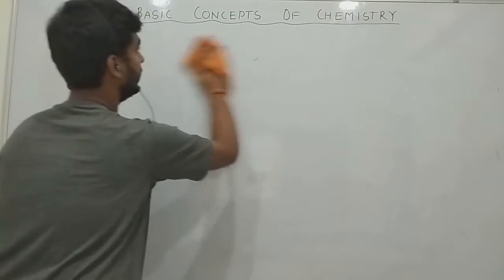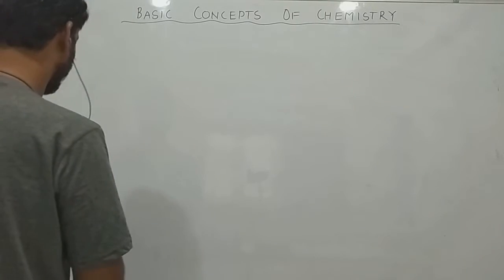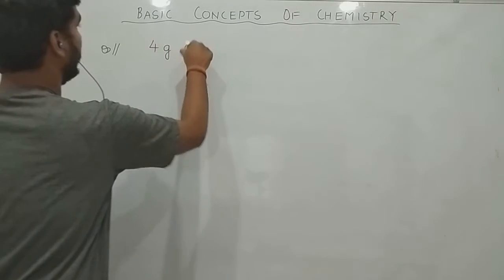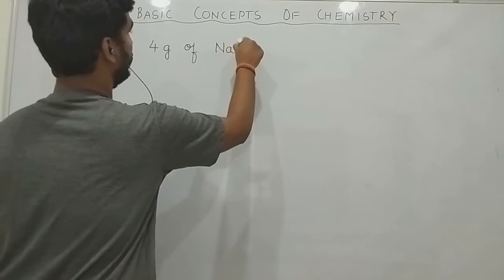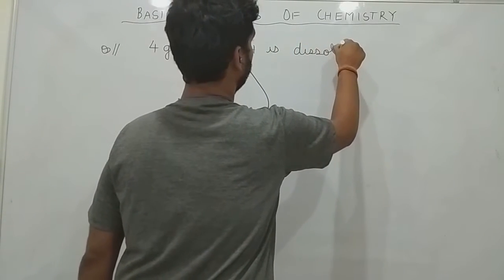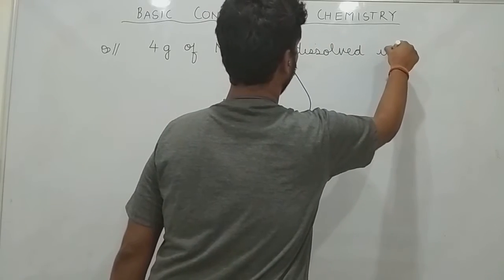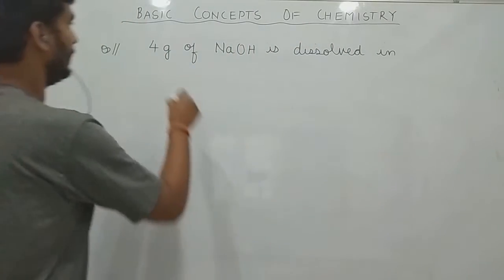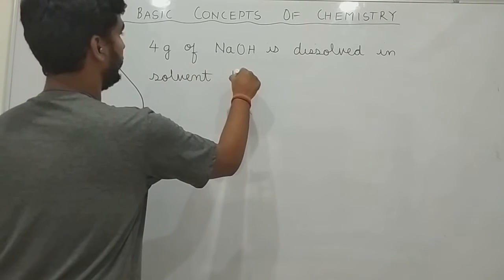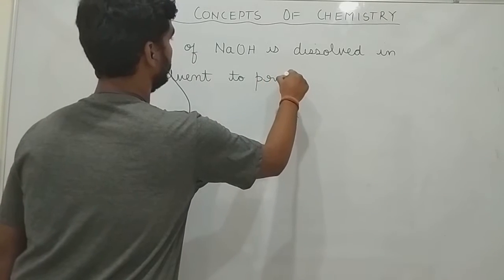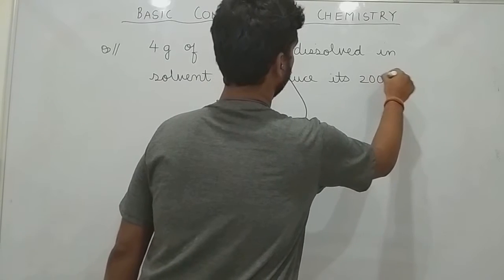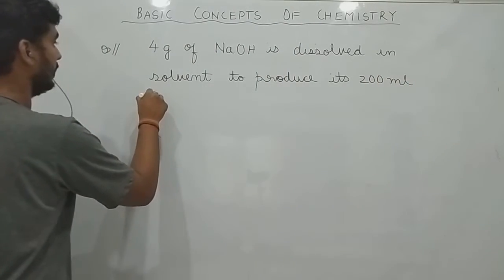I am rubbing this so that we can use the entire screen. So the question says that 4 gram of NaOH, which is sodium hydroxide, is dissolved in some solvent to produce its 200 milliliter ml of solution.